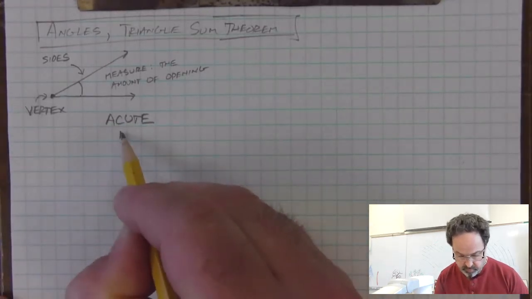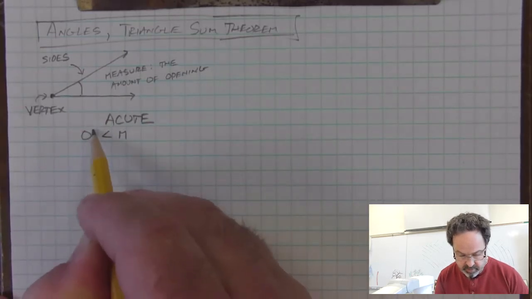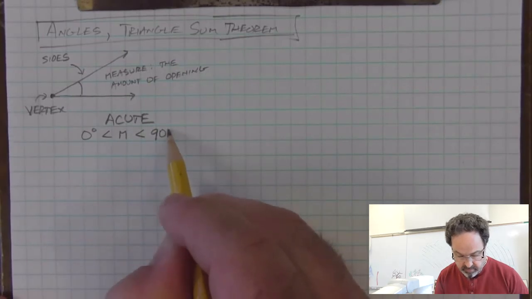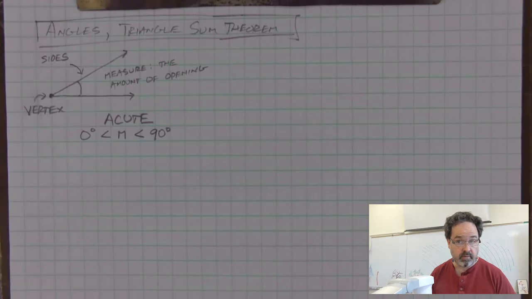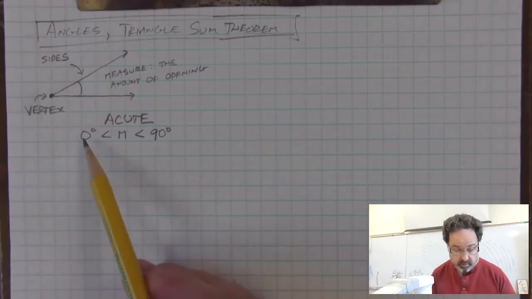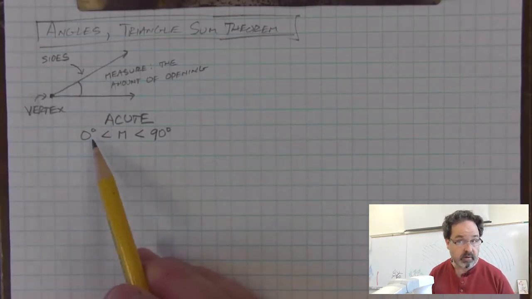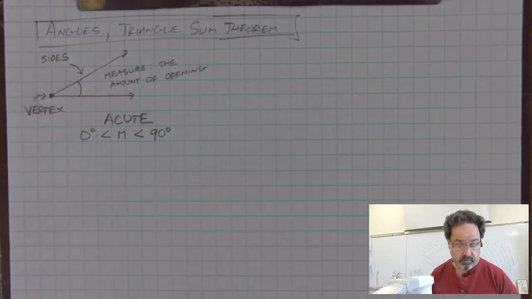If the measure, which we can symbolize M, is greater than 0 degrees but less than 90 degrees, then we say it's an acute angle. An acute angle is small. It has to be greater than 0 degrees, but less than 90 degrees, which is a quarter circle.